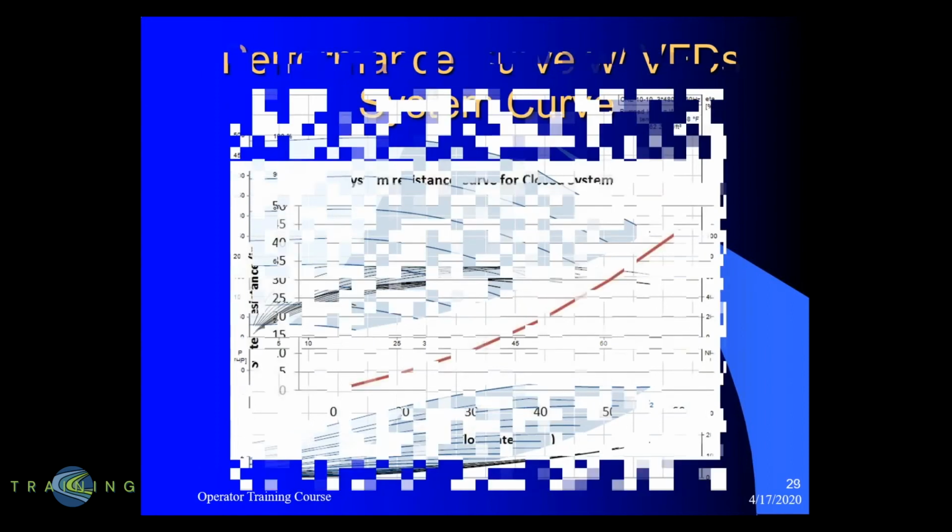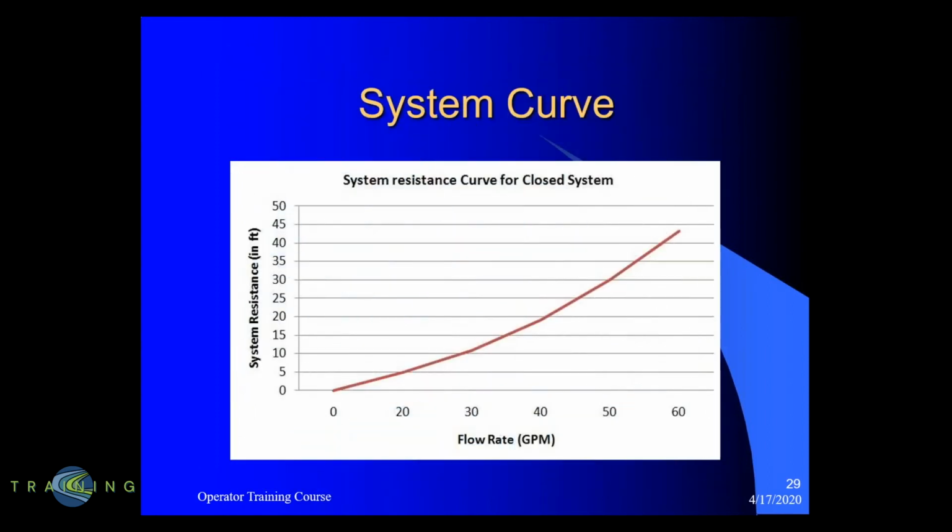So our system curve is the next thing we'll talk about. Each individual system is going to have its own curve. And as we talked about, we're going to have the flow rate as we know it, but as flow increases, it's going to get harder and harder to pass through the pipeline. So as we saw on that table, the more flow, the more head loss we get through the pipe.